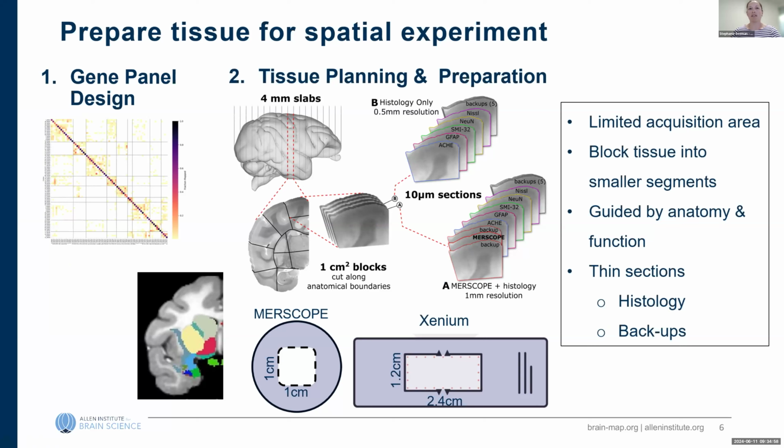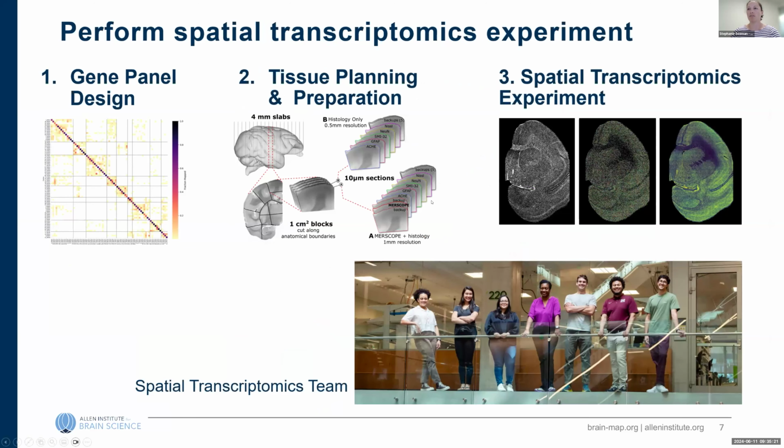So we can use MRI from the individuals as well as atlas-based templates to subdivide these brain tissues into smaller blocks that will then fit into the machines for us to do the experiments. We then take these blocks and thinly section them and pass those thin sections off to our phenomenal spatial transcriptomics team, who are running a bank of MERSCOPEs and Xenium systems seemingly 24/7 to produce fantastic spatial transcriptomics data.